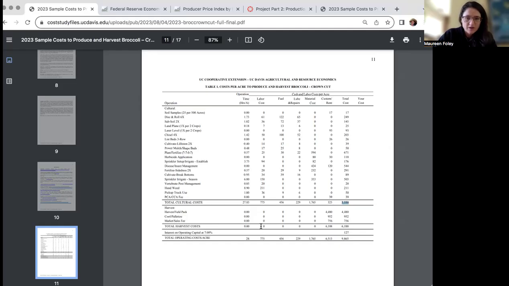You'll see total harvest costs, $6,188. So something kind of interesting about harvest, for many vegetable commodity crops that are grown at large scale in California, it's not really feasible for a farmer to go through all of the paperwork and the expense and the insurance and everything of hiring on a bunch of employees to come in for that harvest period.